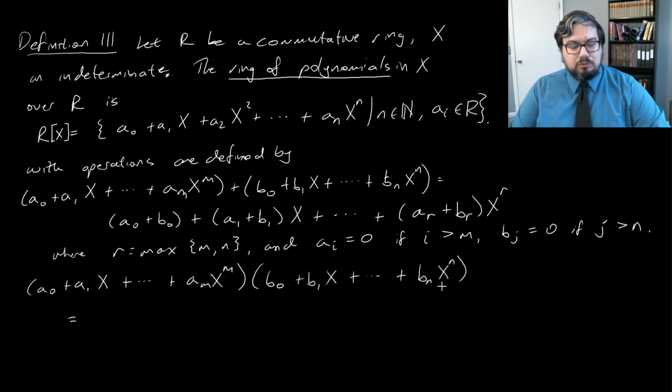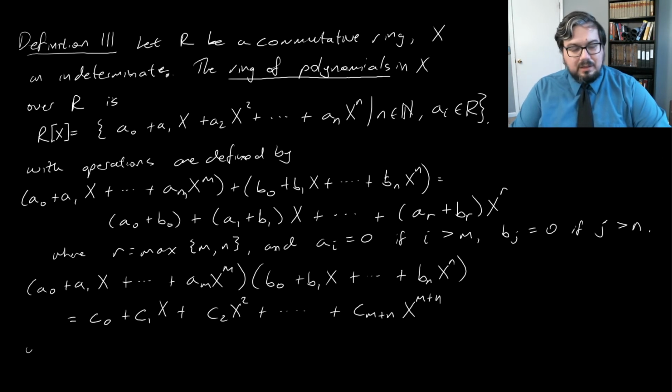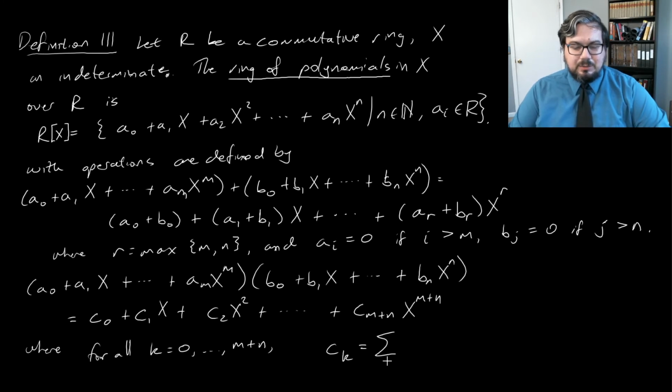So the product of two polynomials is equal to the polynomial, which I'll describe, c0 plus c1 x plus c2 x squared plus dot dot dot plus c_{m+n} x to the m plus n, where for all k going from 0 up to m plus n, this coefficient ck is equal to the sum of all the products ai times bj, where i plus j is equal to k.